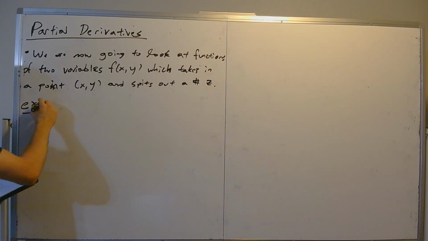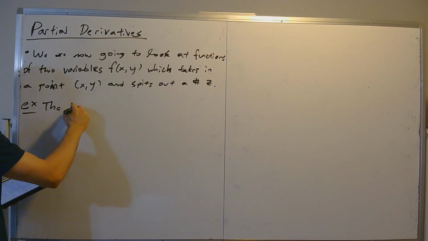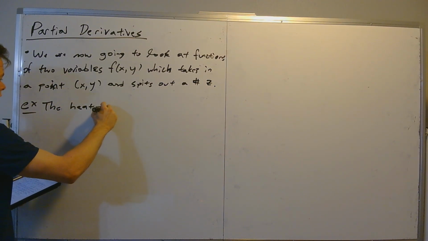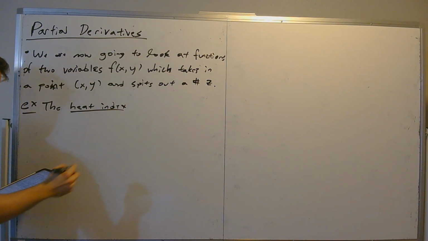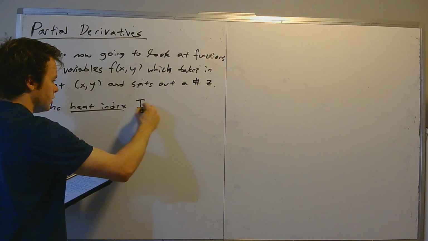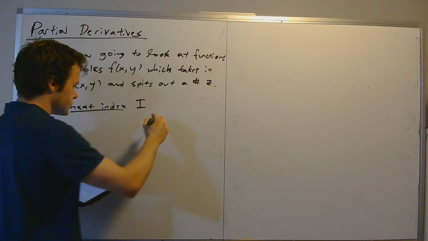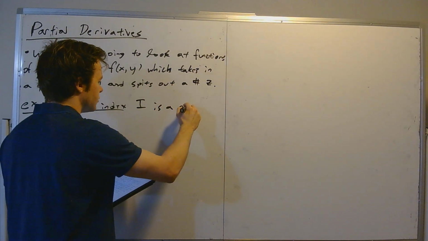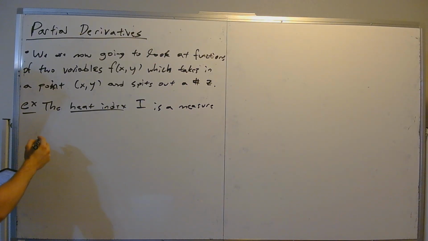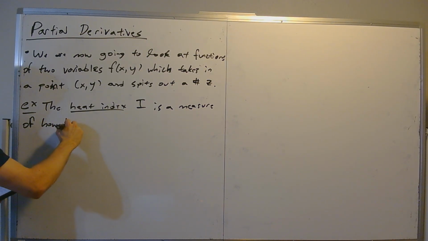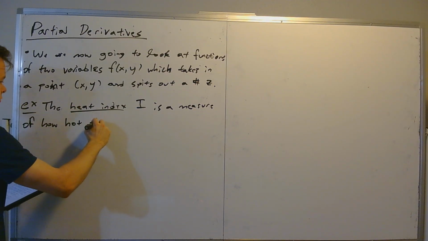One example is the heat index, which you might have heard of before. Let's call it I. The heat index I is a measure of how hot the air feels.